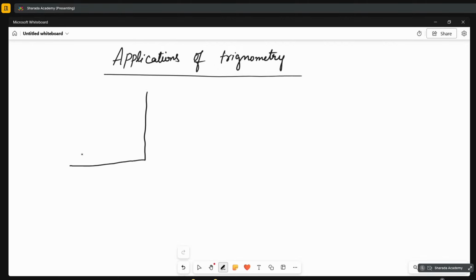So in this applications of trigonometry, we try to calculate maybe the distance between the two objects or height of an object, anything like that. So first thing, a tower is there, or a lamp post is there, or any building is there. How will it be? It will be at 90 degree to the ground, correct?